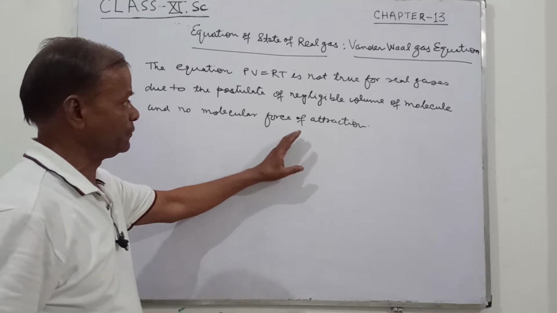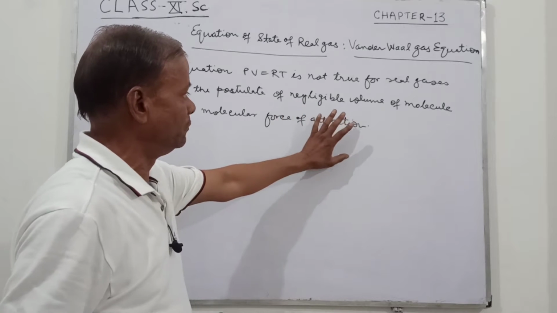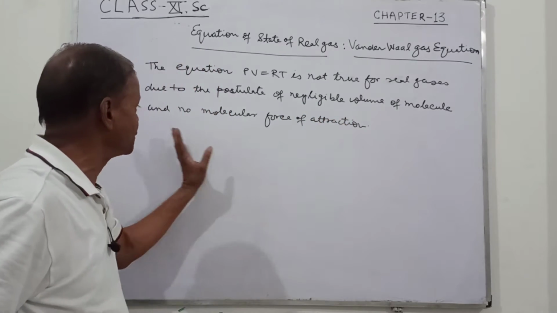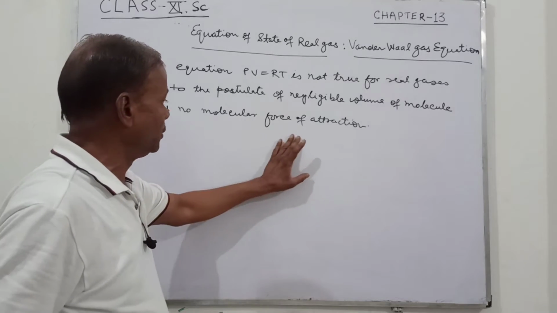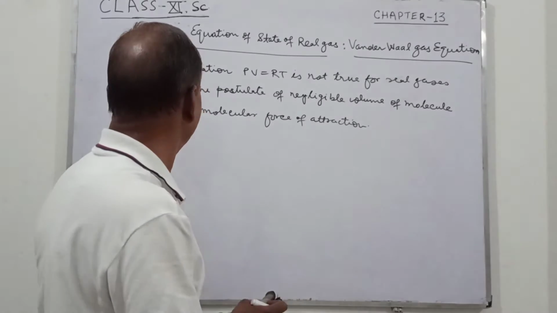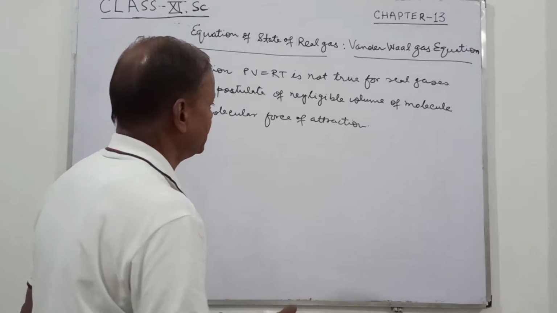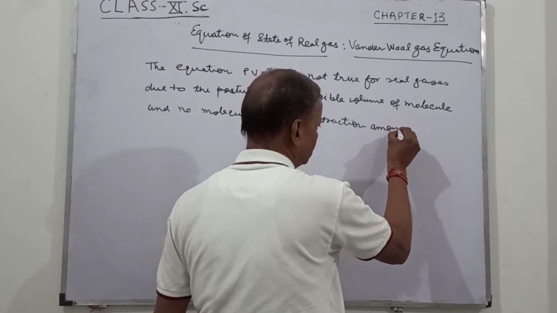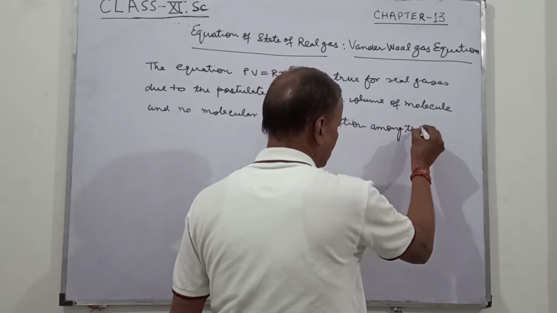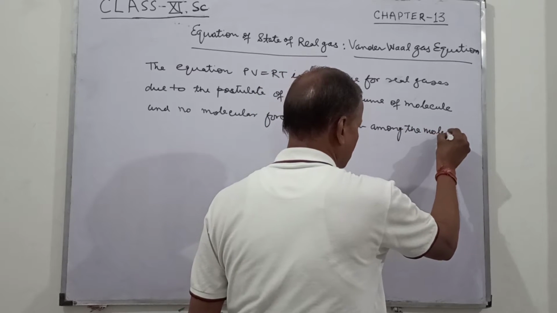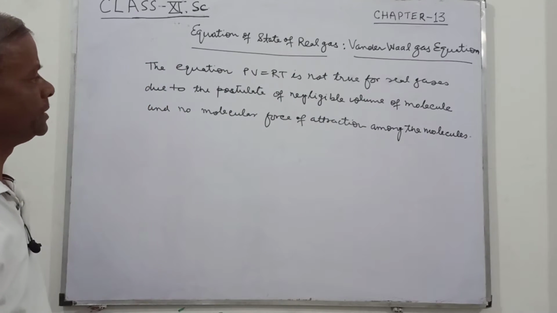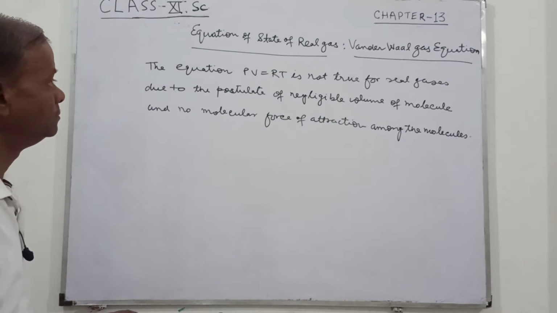Because in the postulates it was assumed that the volume of the molecule is negligible in comparison to the volume of the gas, and there is no molecular force of attraction among the molecules. So it means that there must be a correction in pressure and volume.